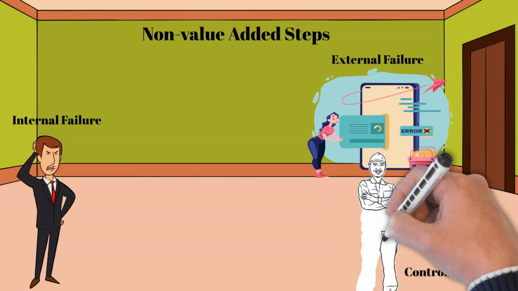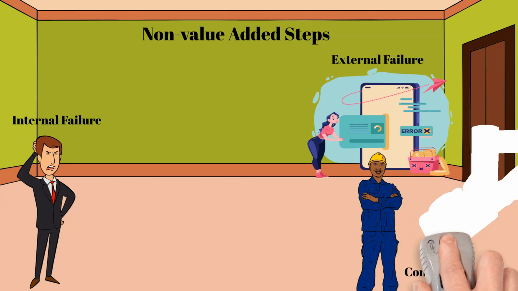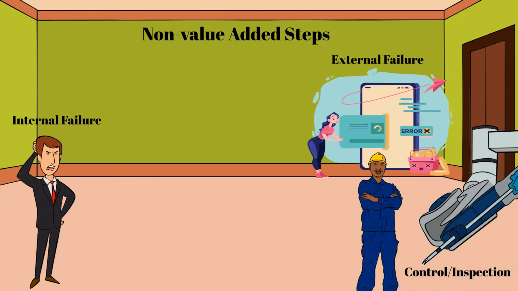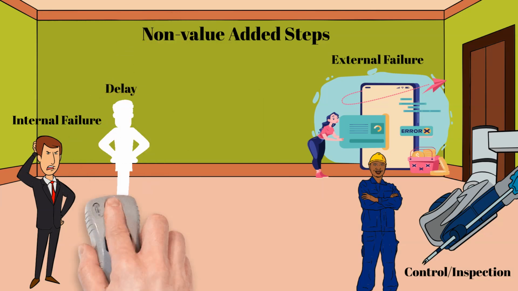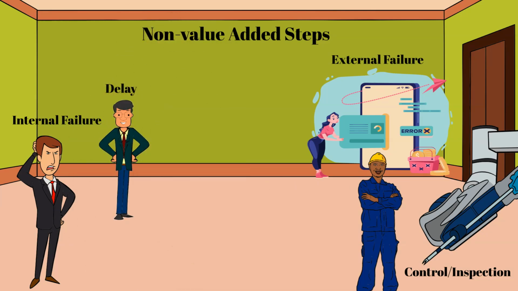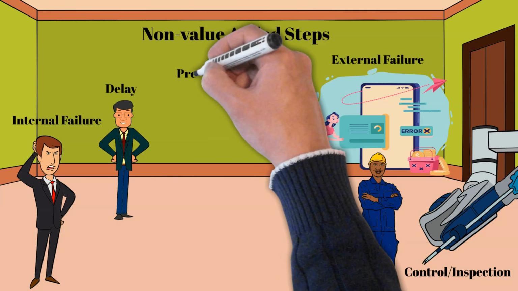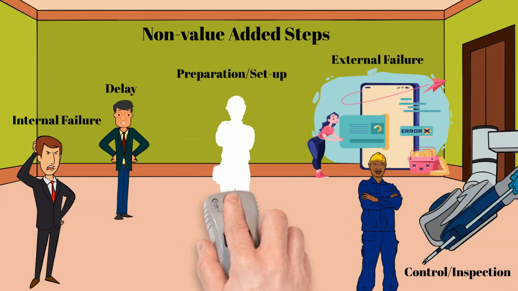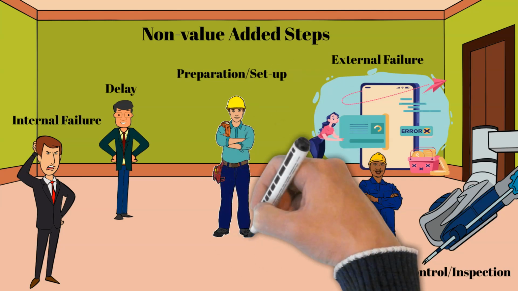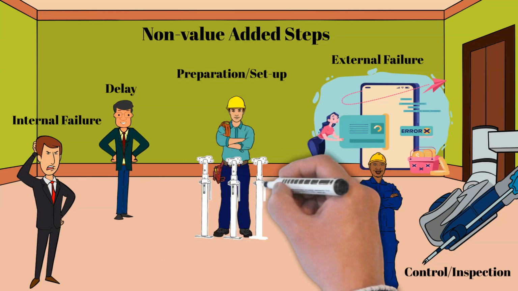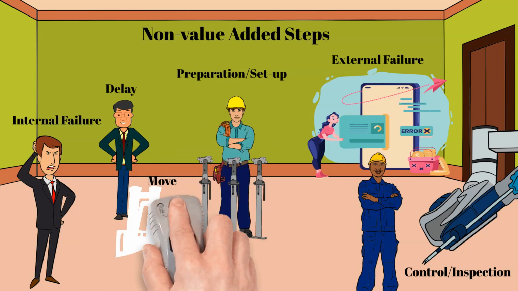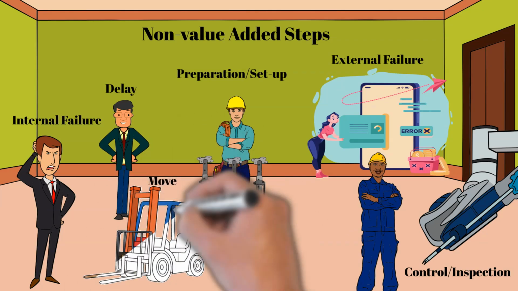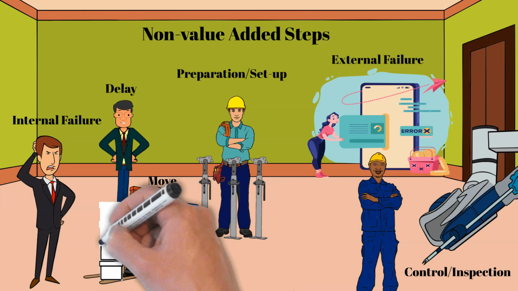Checking and rechecking a product or service prior to shipping to the customer is also a type of non-value added activity. Delays. Steps where the product or service is waiting to go to the next step. Preparation and setup. Steps that need to be done before the work on the product or service can be completed. Move. Steps that only involve moving the product or service from one place to another.